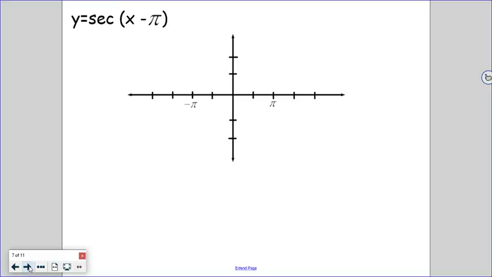What's your denominator? Cosine. In which direction are we moving? Right pi.